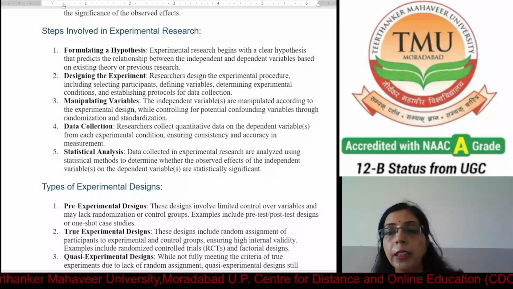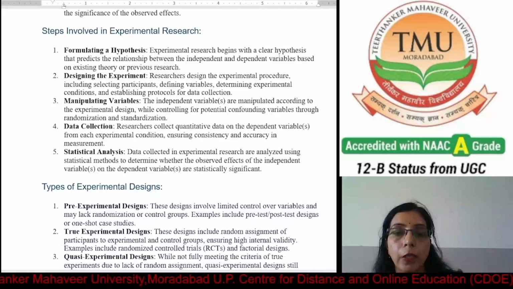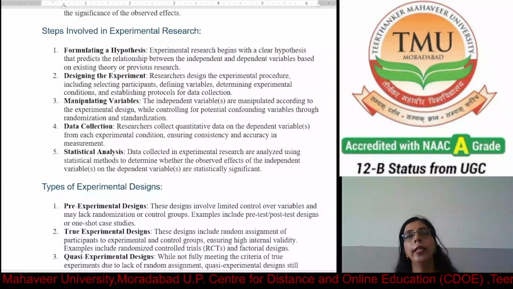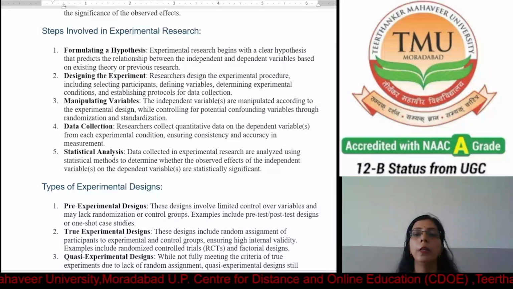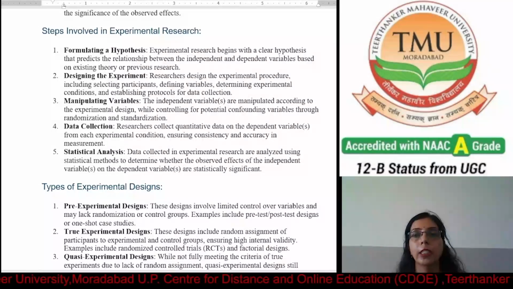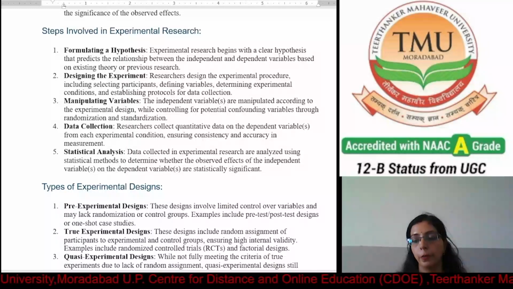So, these may serve as the criteria for classification of experimental designs. In this session, we will focus on different kinds of experimental designs and the steps of experimental research involved.